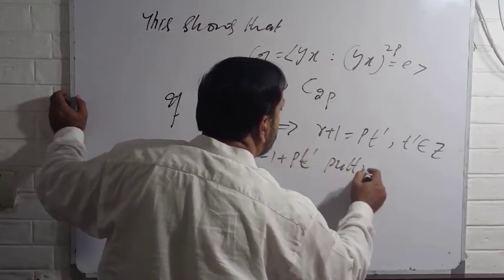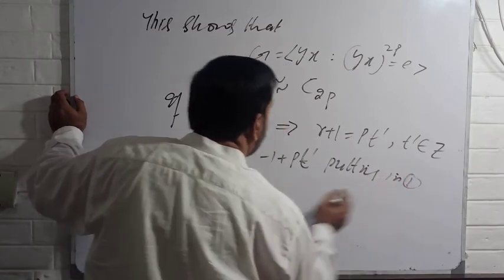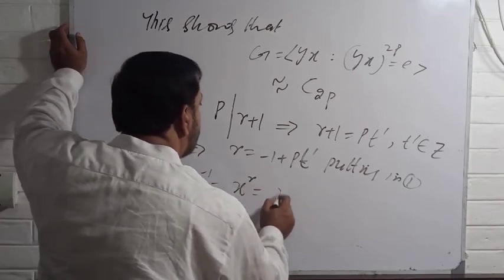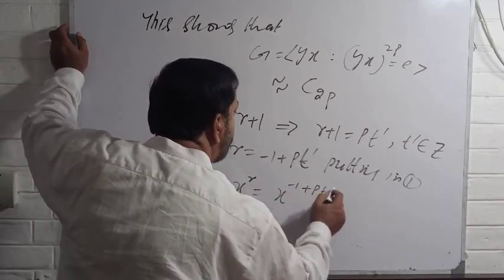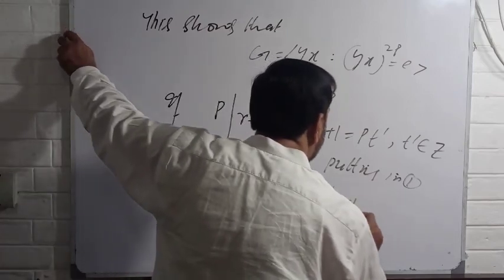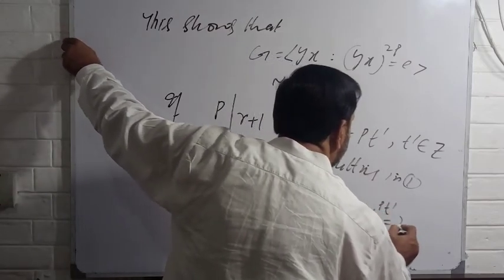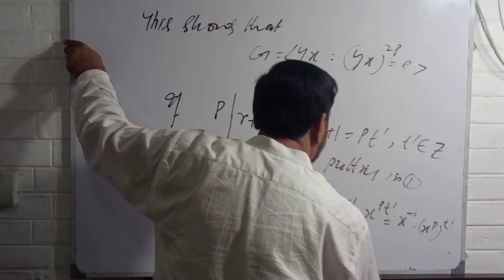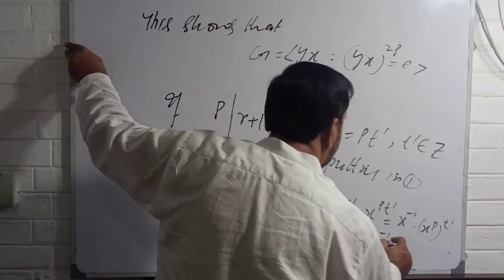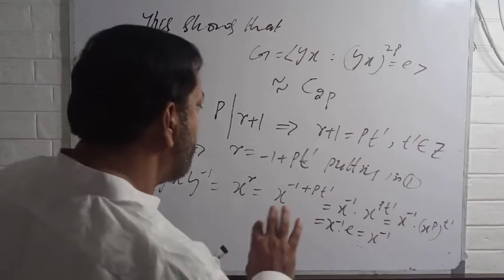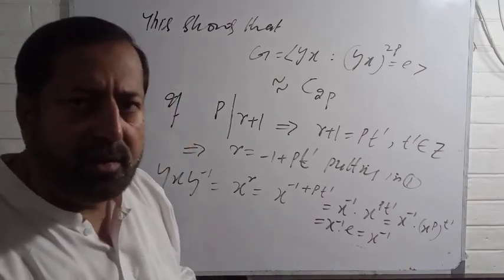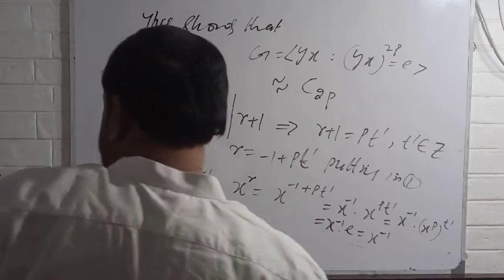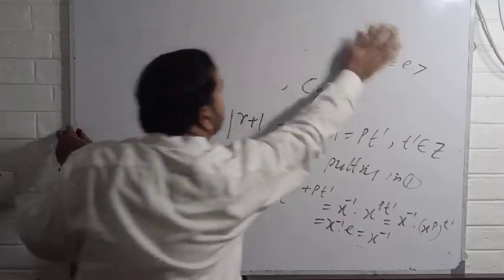Putting in 1, you will get yxy inverse is equal to x to the power r, which is x to the power minus 1 plus pt', which is equal to x to the power minus 1 times x to the power pt', which is x to the power minus 1 times x^p to the power t'. So this is equal to x to the power minus 1 times identity, which is equal to x to the power minus 1. It's a similar fashion as we discussed in the previous example, a group of order 6, right? Okay.